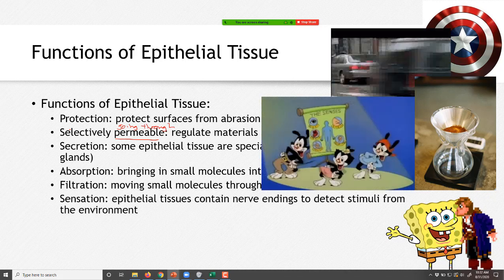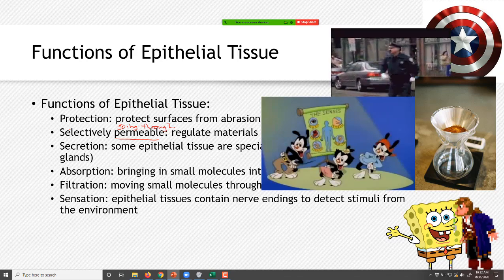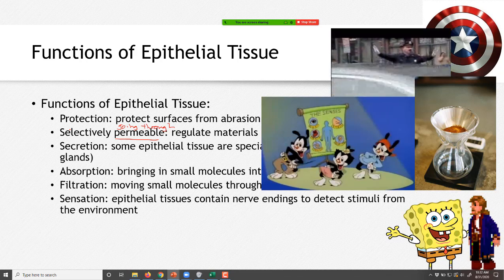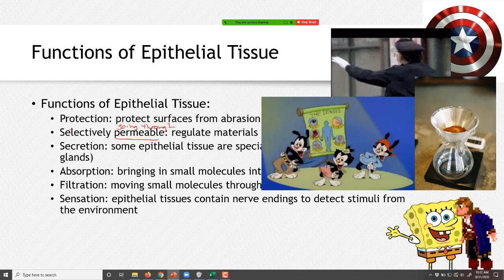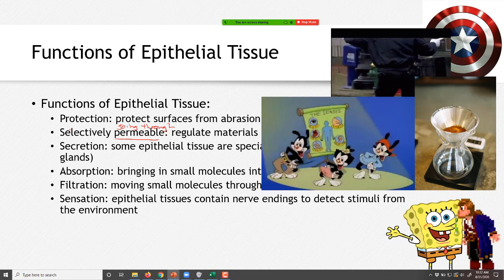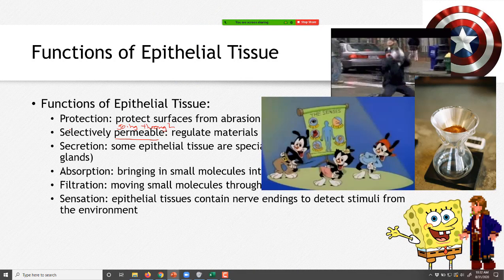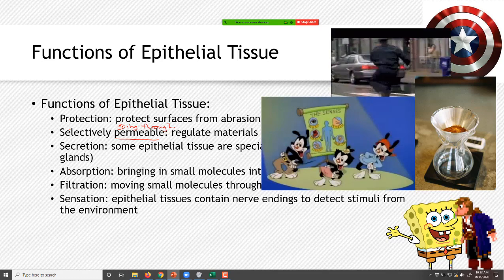And then there's sensation as well. Depending on what we're talking about, some epithelial tissue will have nerve endings, and it will detect different types of senses, usually some sort of general sense. Okay, so those are these functions here.